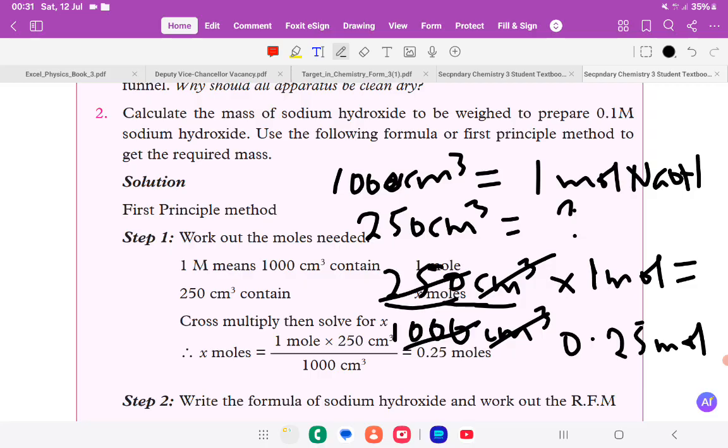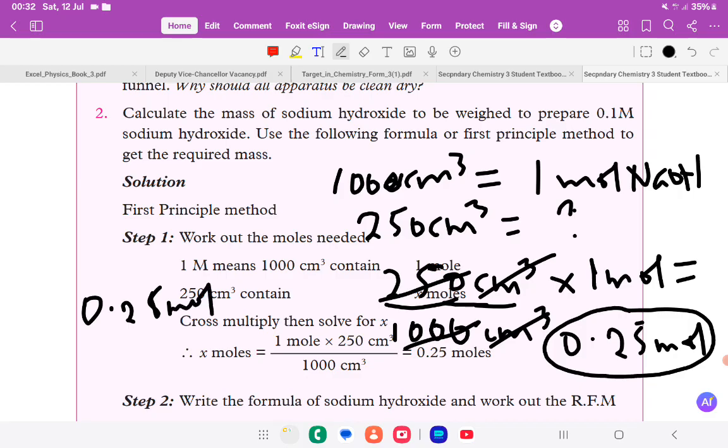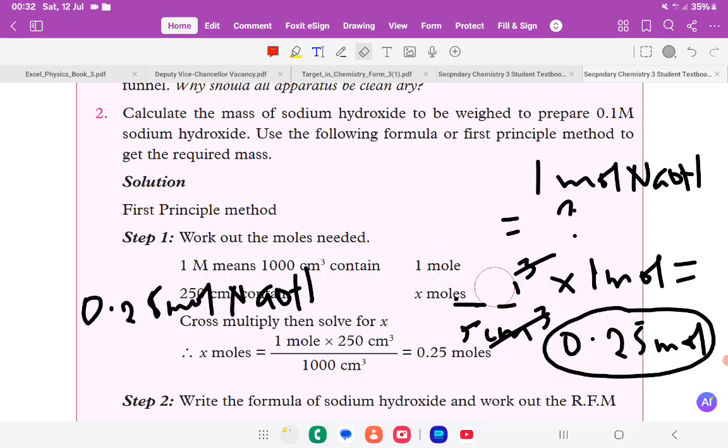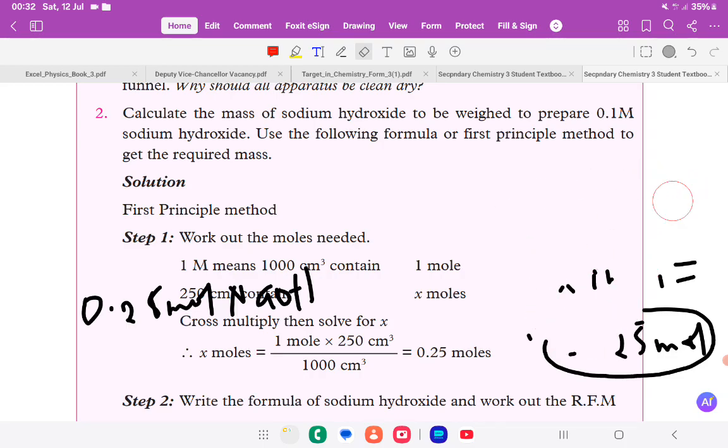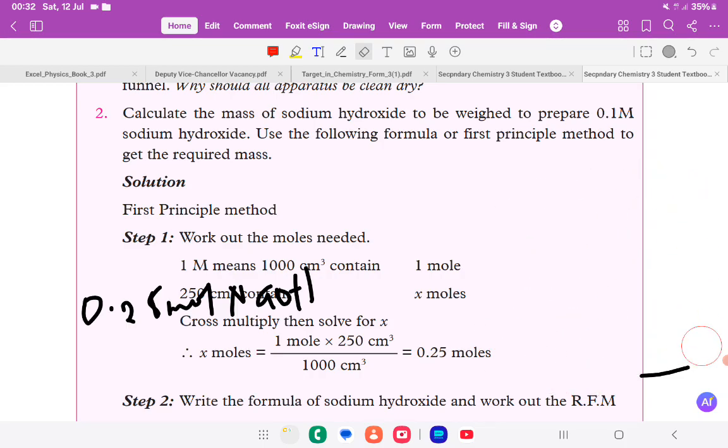So this is the number of moles of sodium hydroxide which needs to be weighed on a balance. But a balance does not measure moles. It measures grams. So we need to change 0.25 moles of sodium hydroxide to grams.